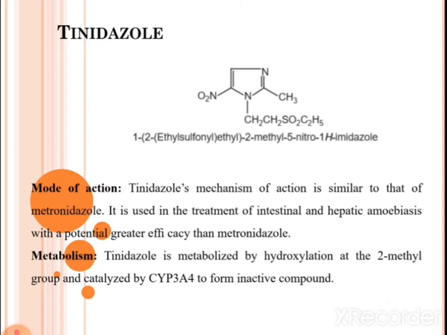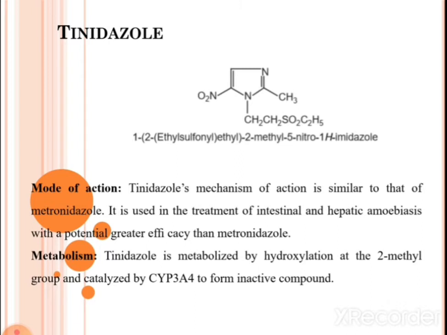The metabolism of tinidazole is by hydroxylation at the 2-methyl group, catalyzed by CYP3A4 to form an inactive compound. This is the basic metabolism, as in the metronidazole case. We also discussed the two basic pathways: the first is hydroxylation and the second is oxidation.